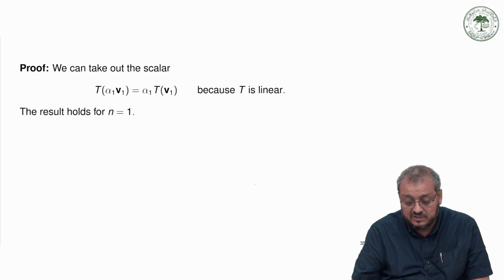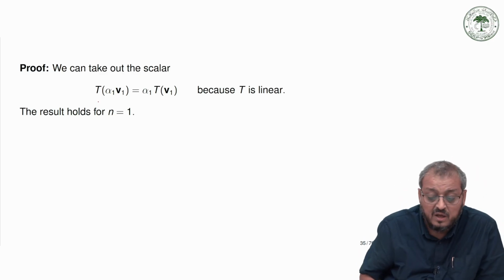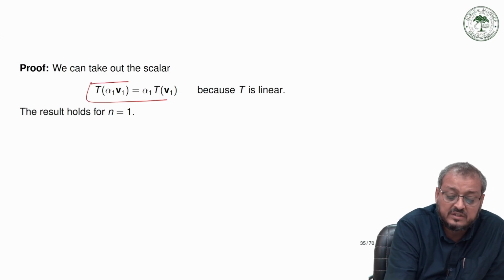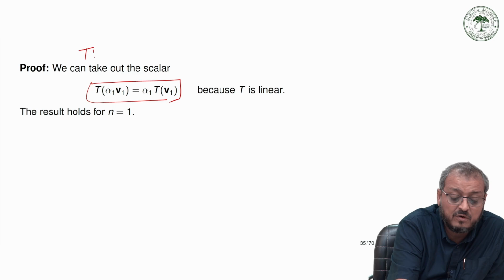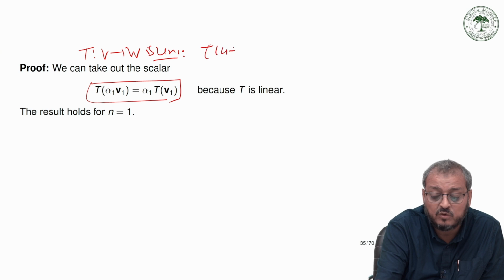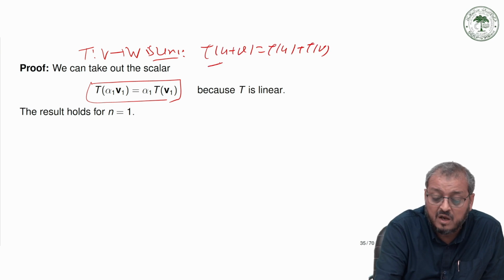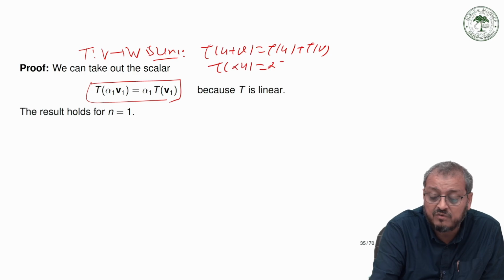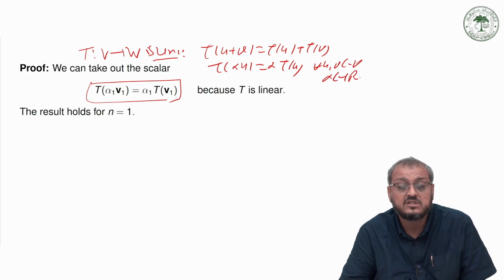So we start with the mathematical induction. If n is equal to 1, this is a trivial case. Why? Because the map T from V to W is given as a linear map. If it is linear, then T of u plus v is equal to T of u plus T of v, and T of alpha u is equal to alpha times T of u, for all u, v elements of V and alpha a scalar.